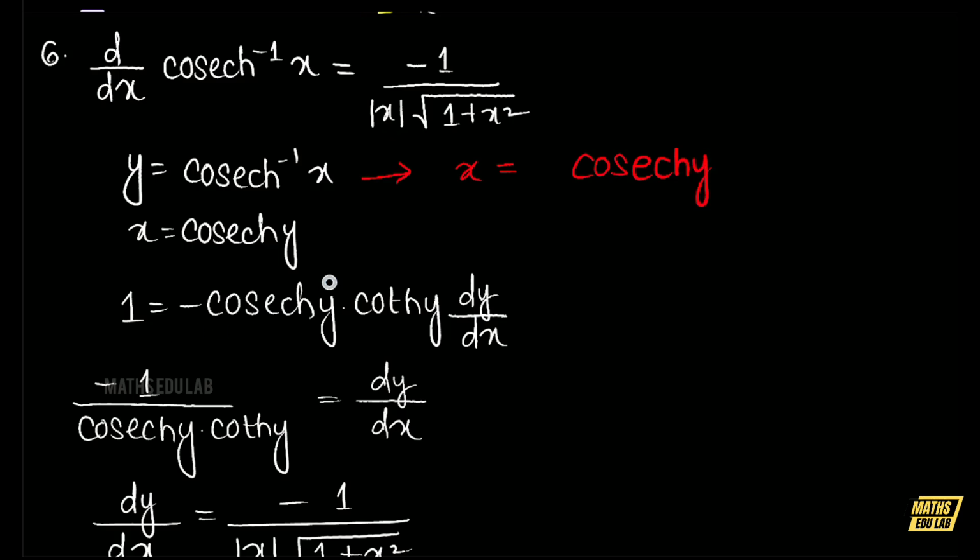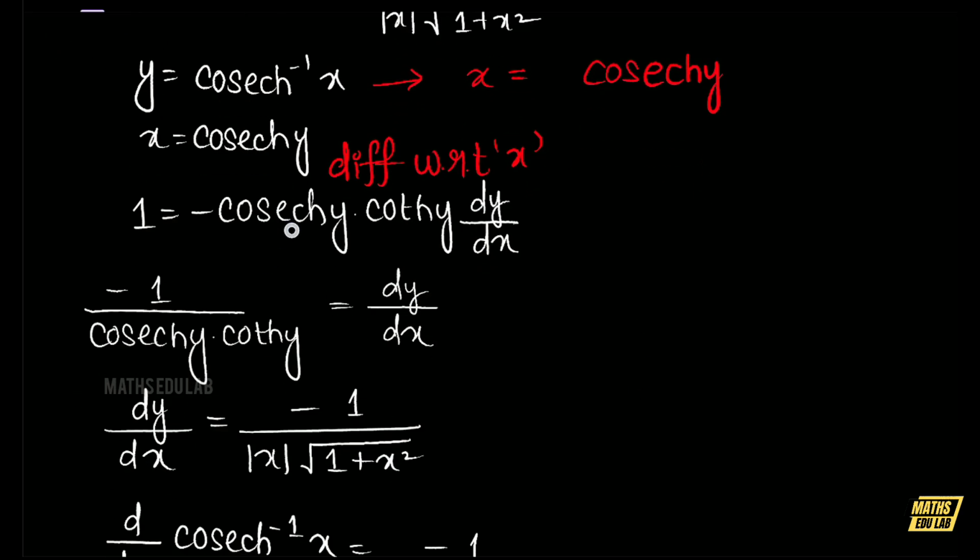Then we have to do the derivative for this. Differentiating with respect to x, the derivative of x will be 1 and the derivative of cosech y will be minus cosech y into coth y dy by dx.